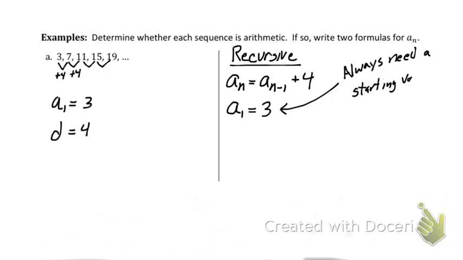And in fact, you may need 2 starting values. Your recursive might be the term before and the term before that, which would mean you need your two starting terms. So you need as many terms as it takes to fill in this first equation. Otherwise we don't know the starting value, and if I give JP this on the test and say you have to write the exact one I'm thinking of, go, write it.